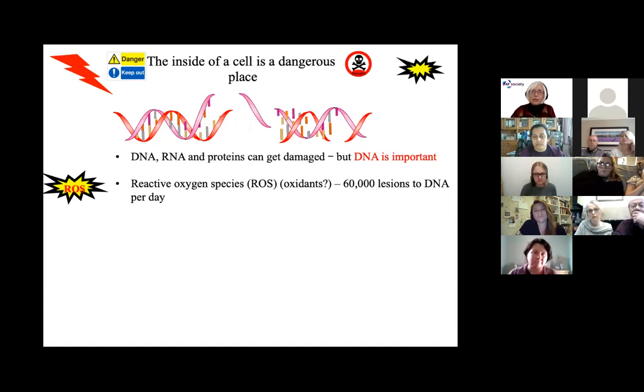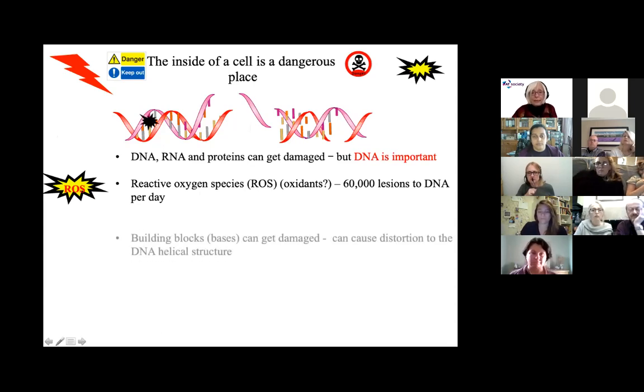One of the damaging agents are called reactive oxygen species. You may have heard of them because they're quite often talked about. Sometimes they're called oxidants. And we can get something like 60,000 lesions per day to our DNA.